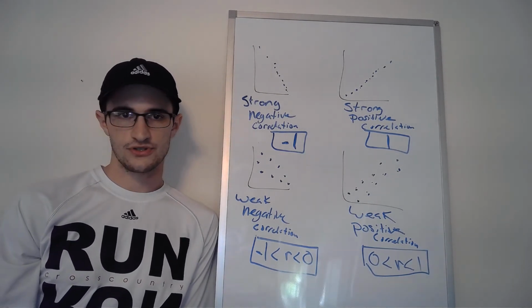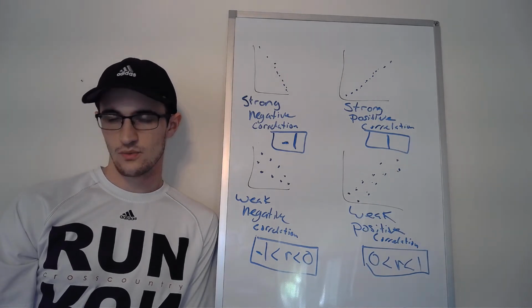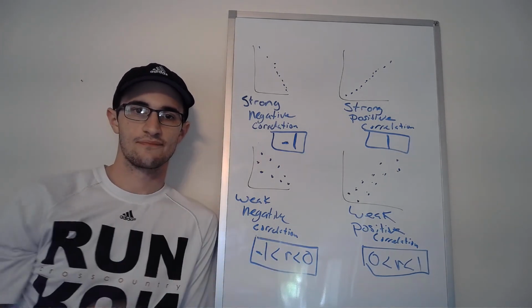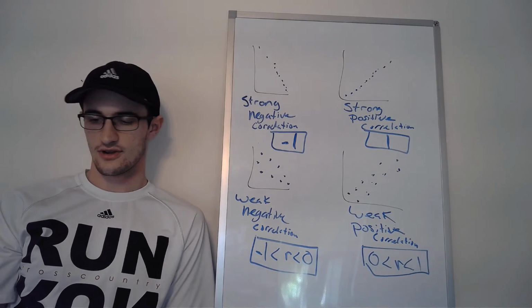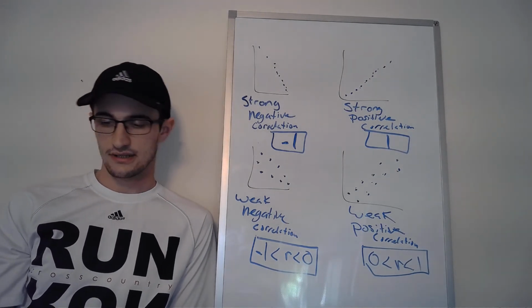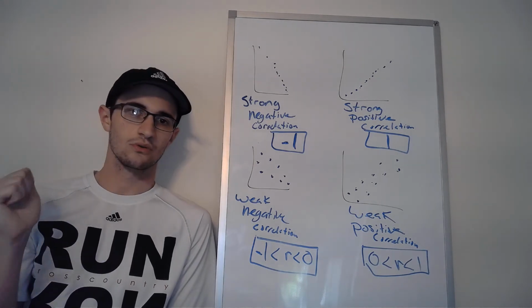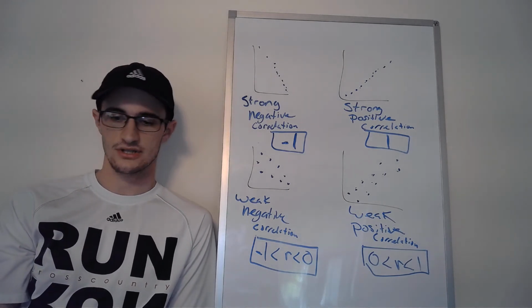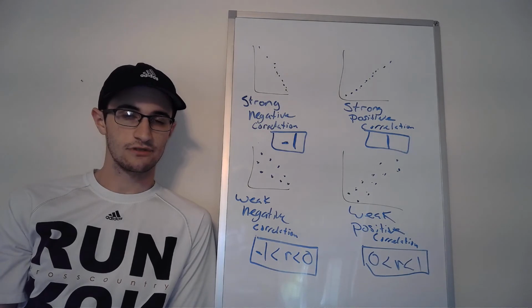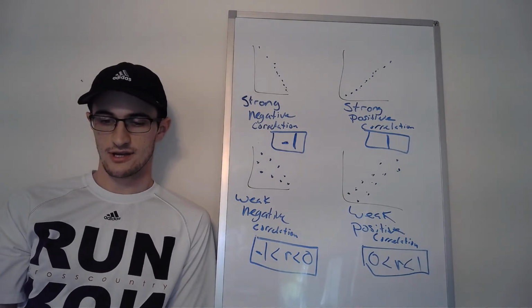That's what part A wants you to do, and it wants you to assign one of these to it. It wants you to say, is R, which is our correlation coefficient, strong or weak? Or no correlation? We said it was negatively correlated, so it's got to be one of the negative options.